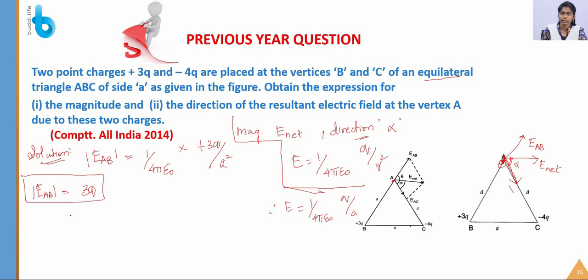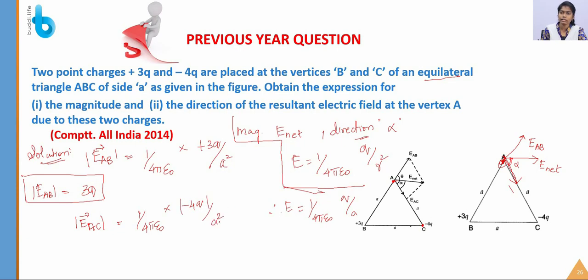Let's keep it separate. And what is the value of EAC? Because I am having an electric field over the C due to A, right? So that EAC is equal to, similarly 1 by 4 pi epsilon naught, here minus 4Q by A square.